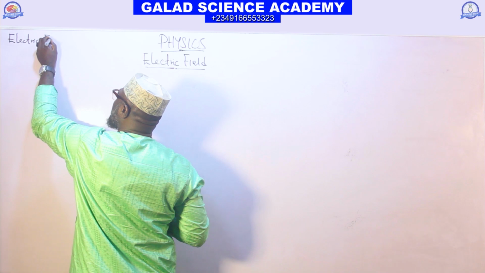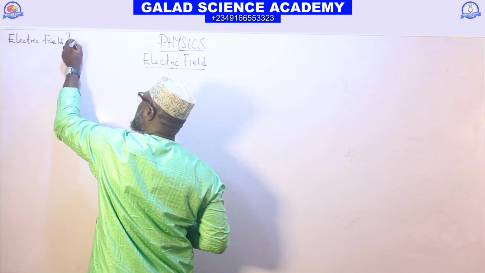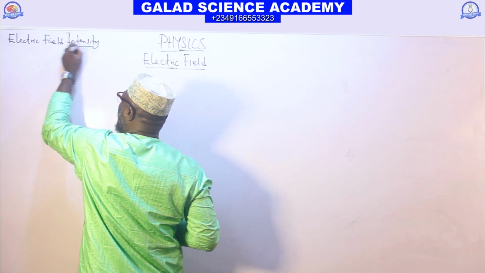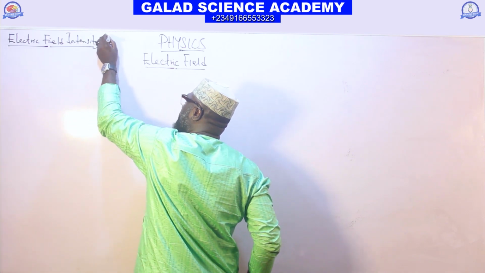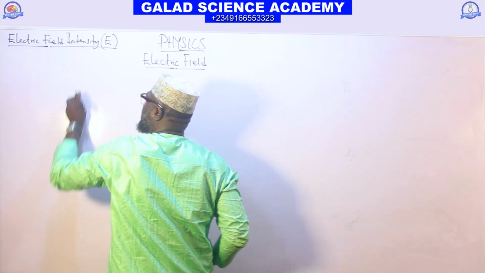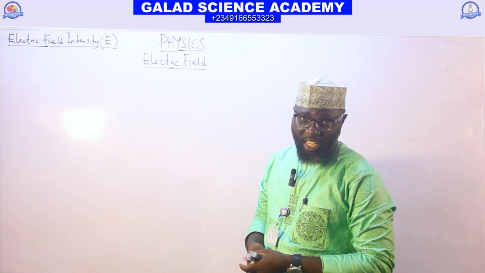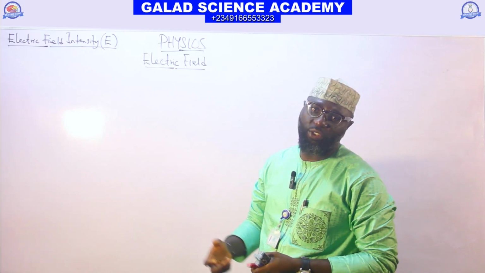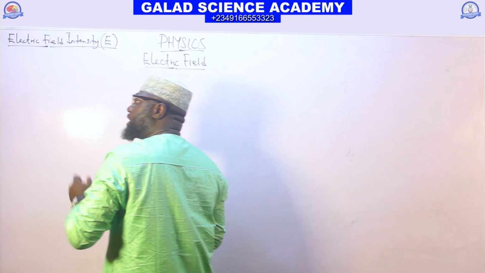The electric field intensity is generally denoted by the letter E. We can also call it electric strength. It is the one that measures the strength of the electric field.